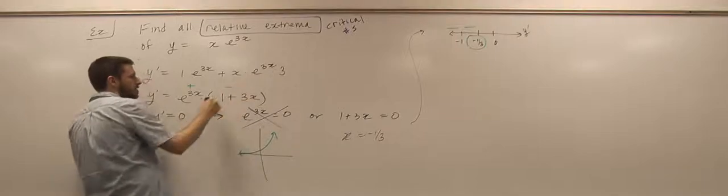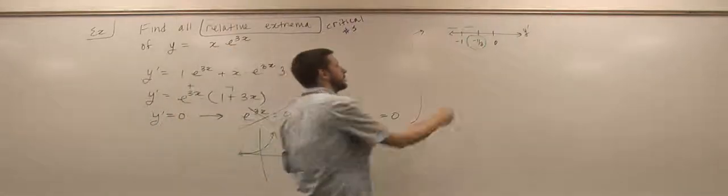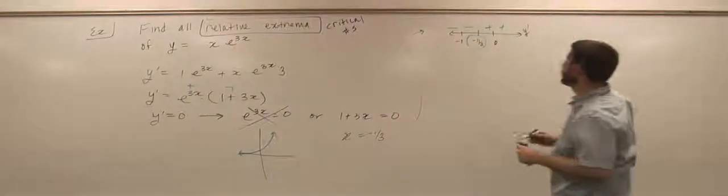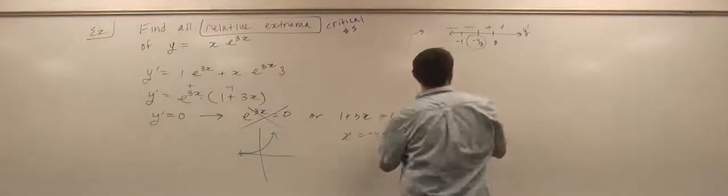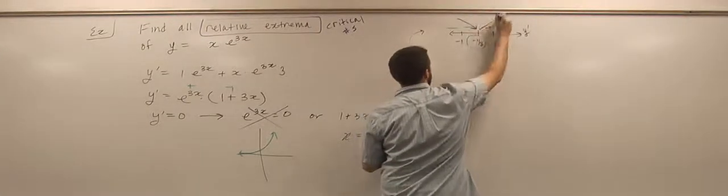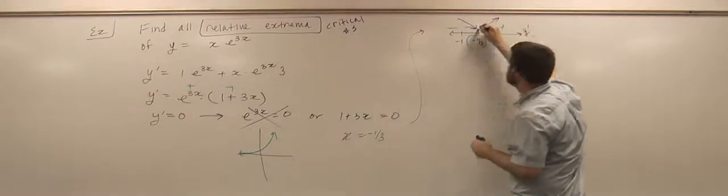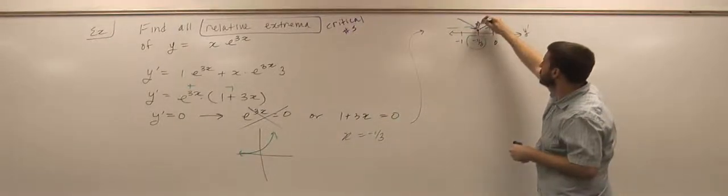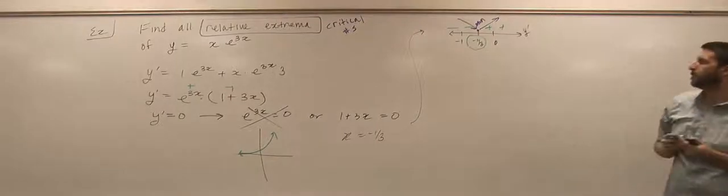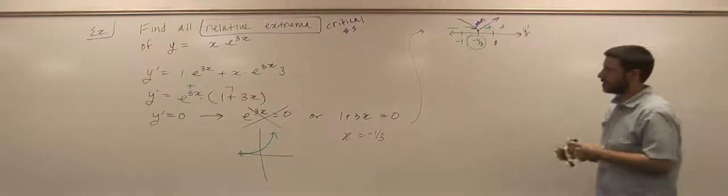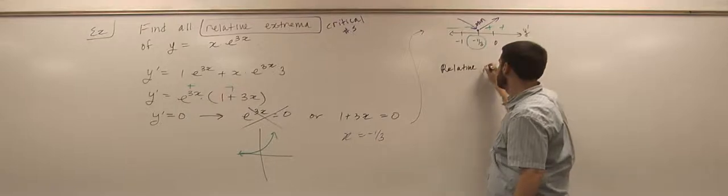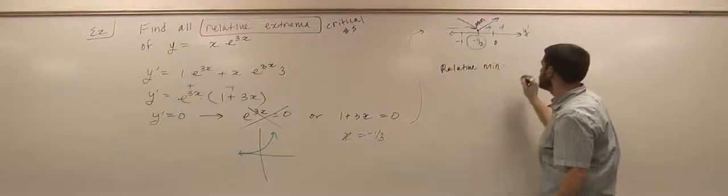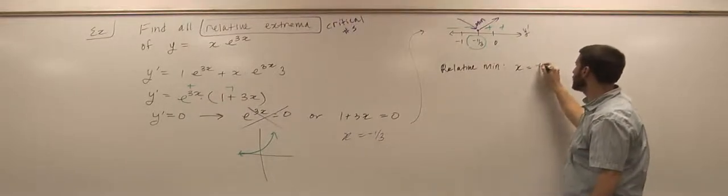If you put 0 in here, this guy becomes positive. So I was going down, then I go up, meaning this guy is a minimum. A relative min, where the x value is equal to negative 1/3.